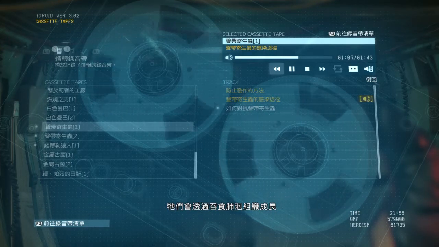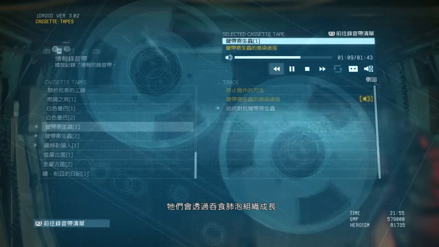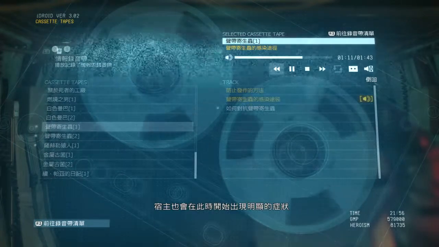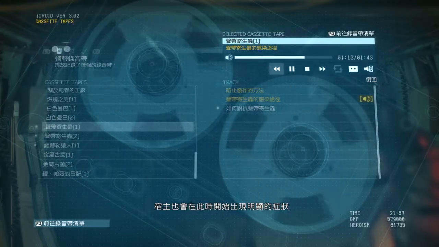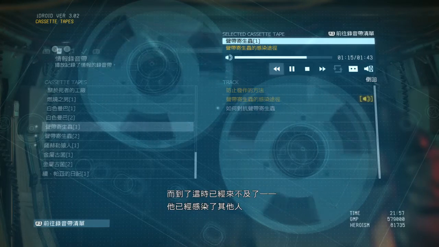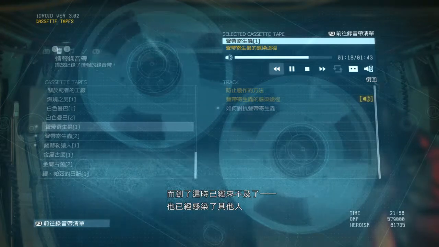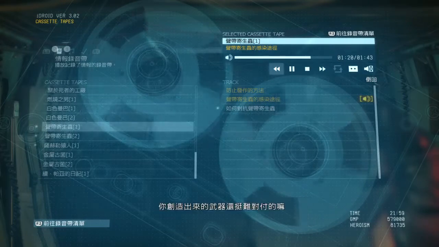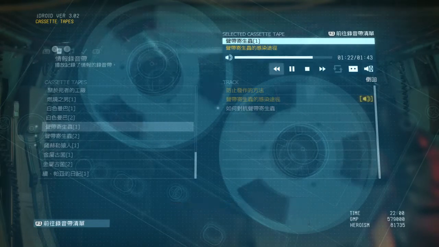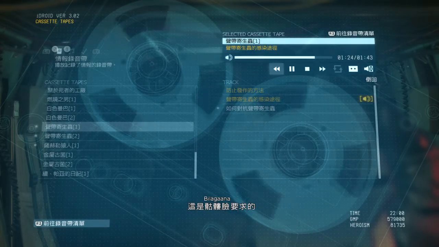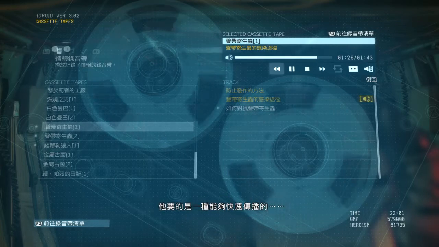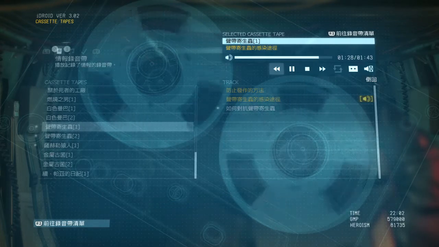They mature by feeding on alveolar tissue. It is only then that noticeable symptoms appear in the host. And by that point, it's too late. He's infected everyone else. It's one hell of a weapon you've created. That is what Blag Ana wanted. Something that would spread easily.